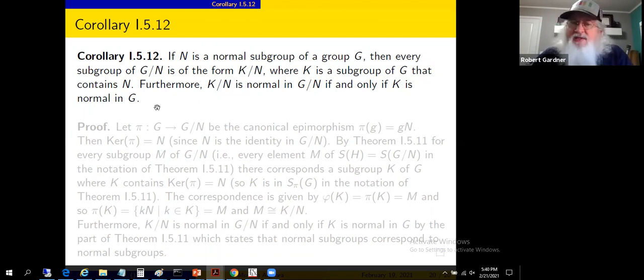Okay, so we're talking about subgroups of a quotient group. What they're saying is, start with a normal subgroup, capital N, so G mod N actually makes sense, so the quotient group is defined.